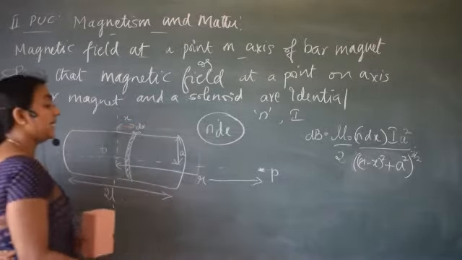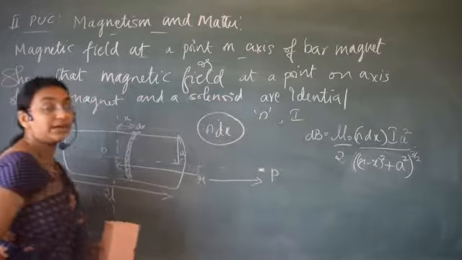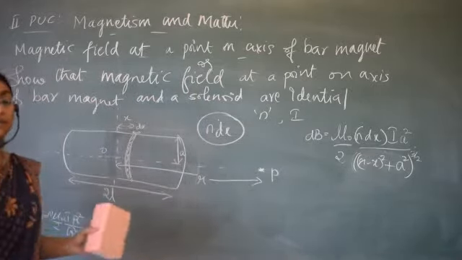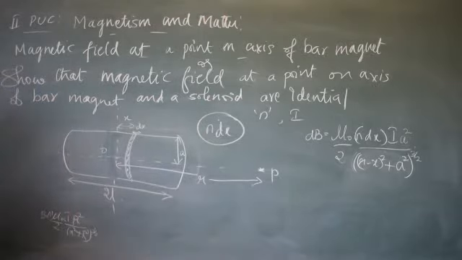We have to find the magnetic field at a point P, which is at a distance r from the center of the solenoid.